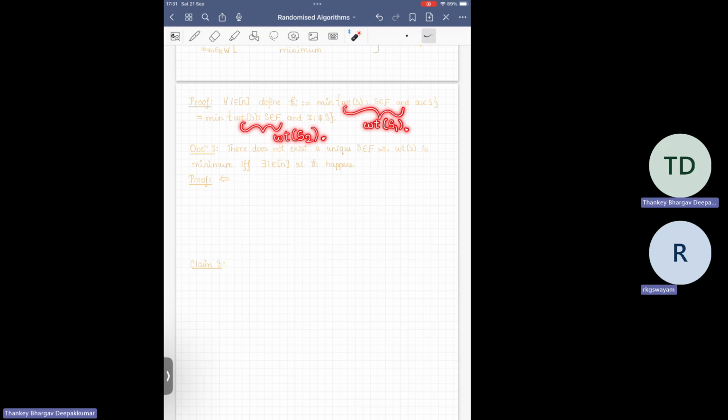But what I want is to come up with two sets, let me call them S1 prime and S2 prime, such that they have the same weight, and this weight is minimum. So there is no condition that S1 contains Xi and S2 does not contain Xi, right?